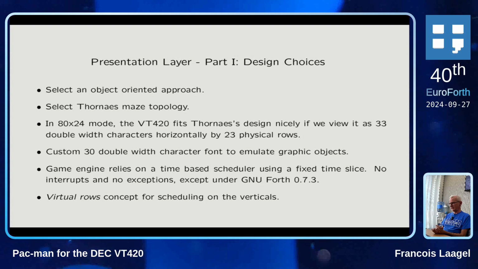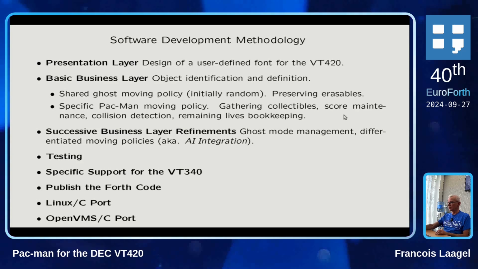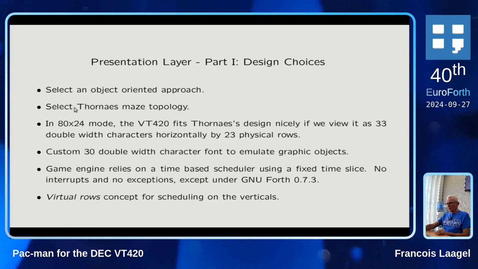Then I selected a mapping between this and the equivalent textual representation on the terminal, and it comes down to 33 double width characters and 23 physical rows.